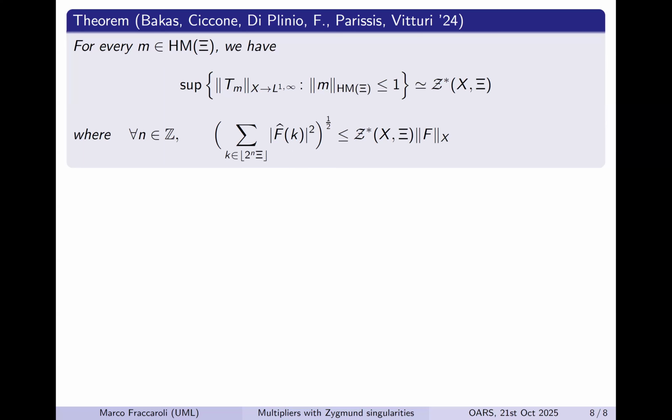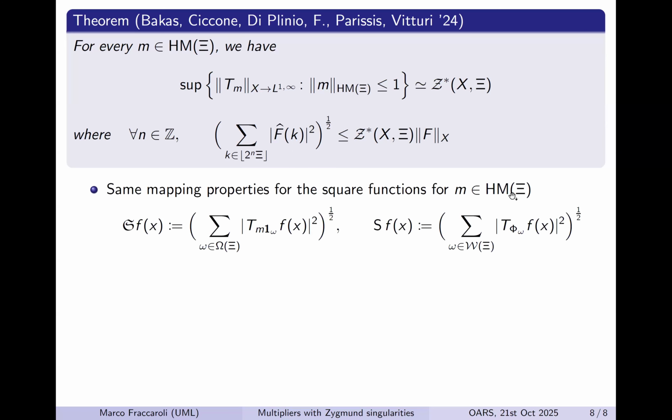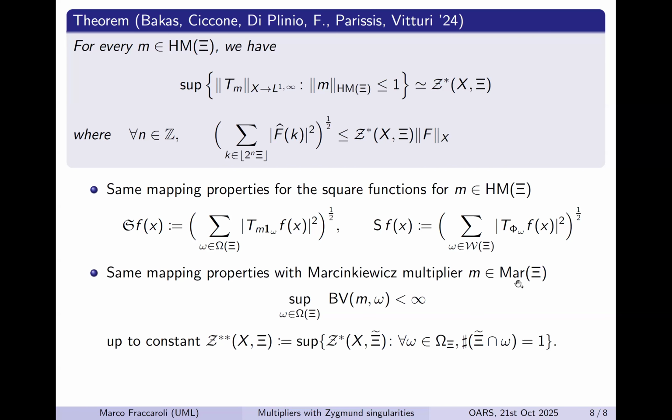And again, what I told you about was the Hörmander-Mihlin multiplier, but you can also do the same kind of estimates for square functions, both sharp cutoff square functions or smooth cutoff square functions. Let me not go into details. Or even for Marcinkiewicz multipliers, which are defined, instead of by this smoothness and decay condition, by a bounded variation kind of condition.